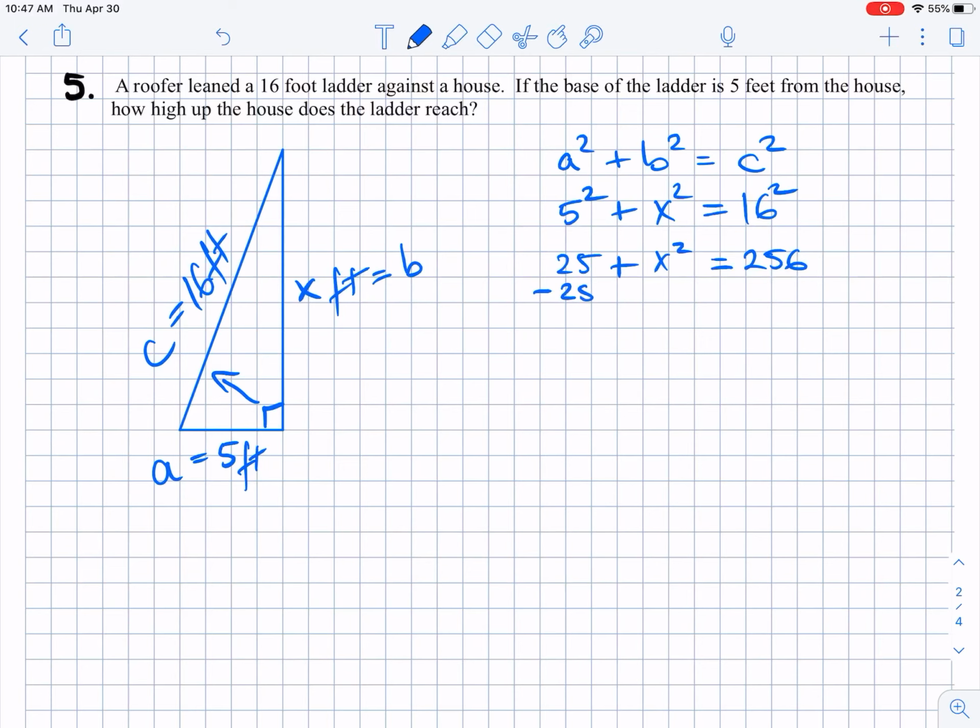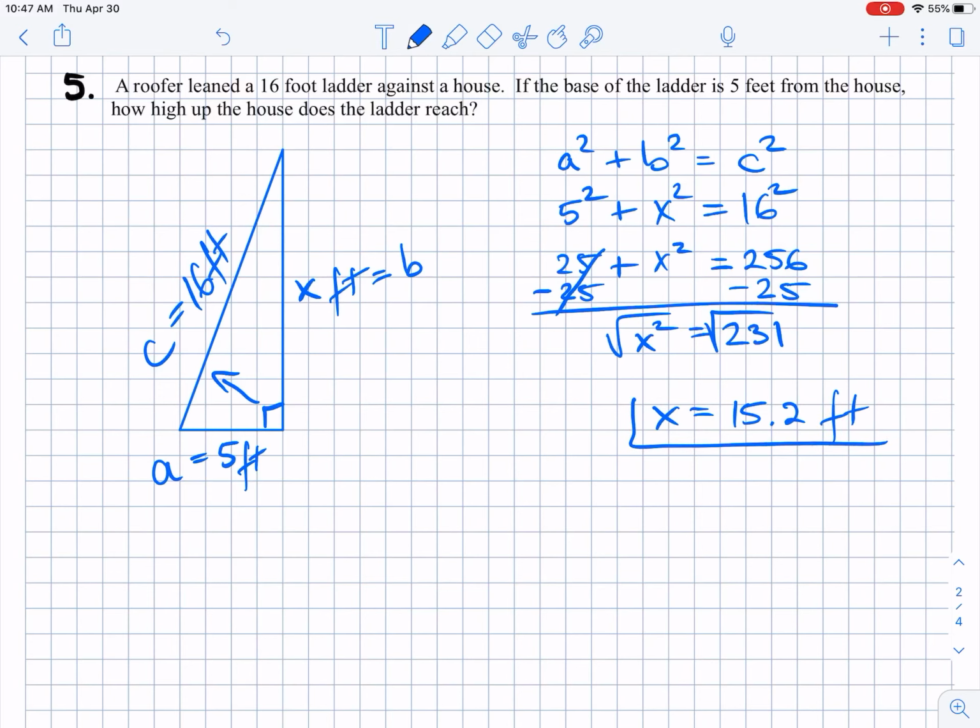We're going to subtract 25, and then x squared equals 231. Take the square root of that, and x is equal to the square root of 231, which is 15.2 feet. So that's how high it is on the wall.